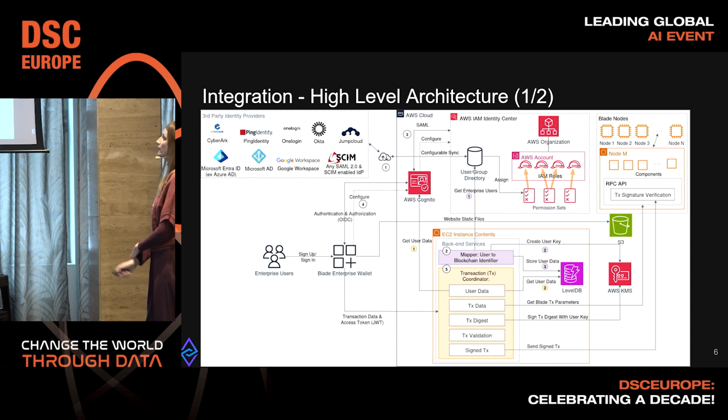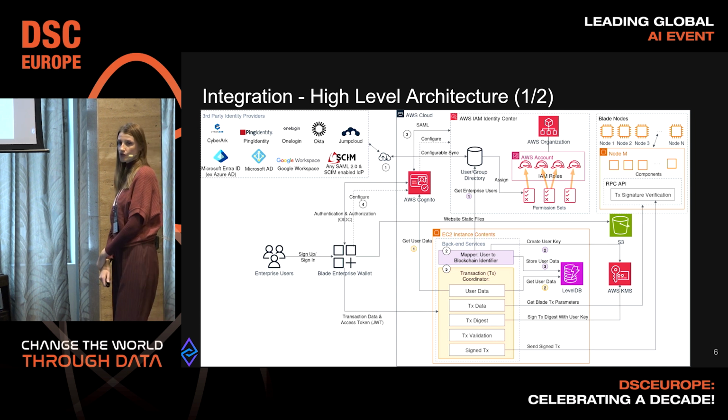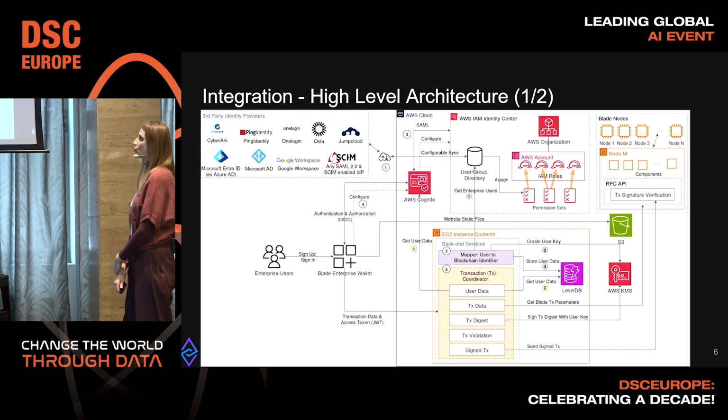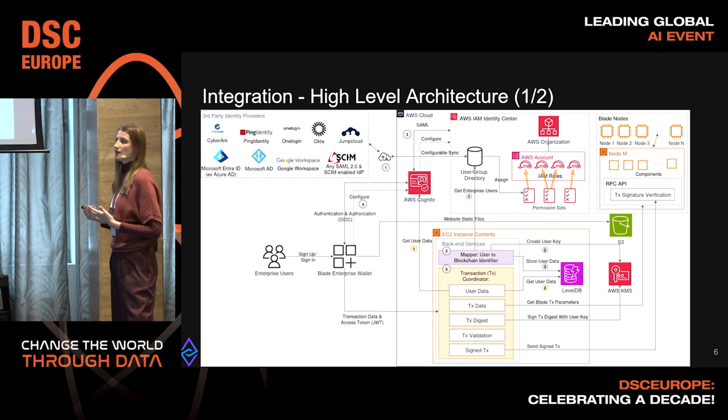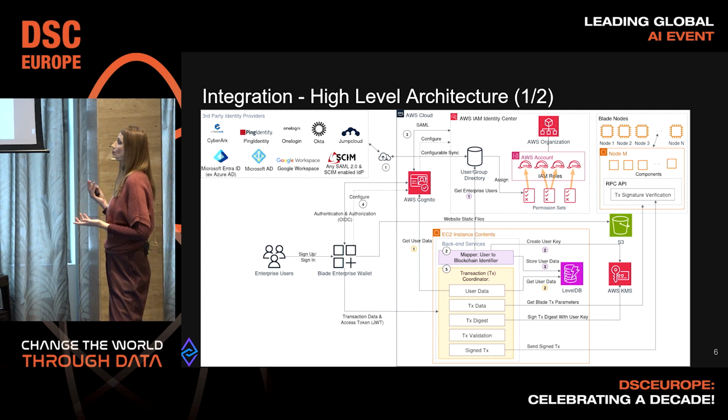The second thing, once we have enterprise user identities in the user directory group in AWS, we need somehow to assign users Blade blockchain identifiers. So what is the thing that identifies users in the blockchain? It's a key pair, private key and public key, and an Ethereum address.